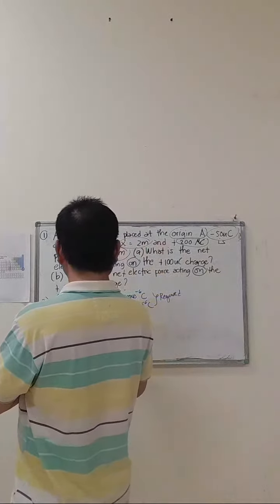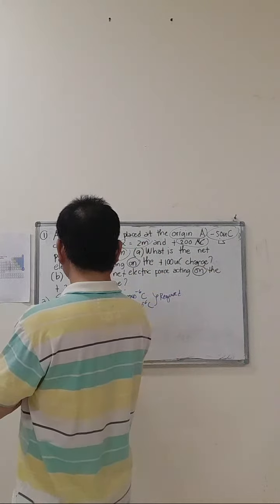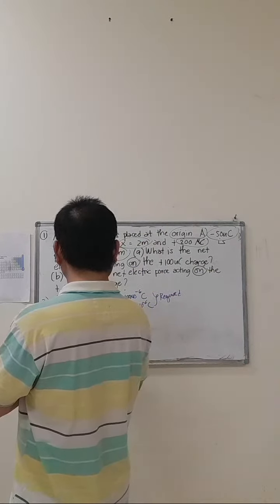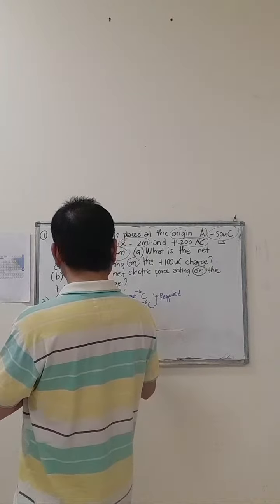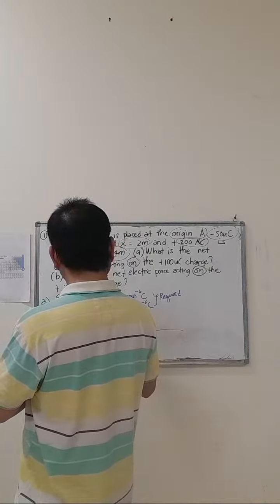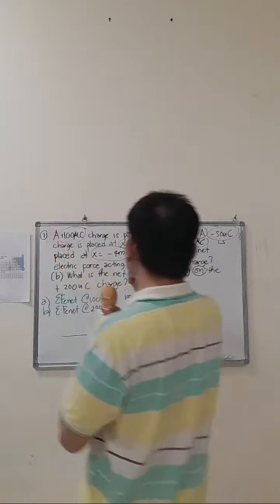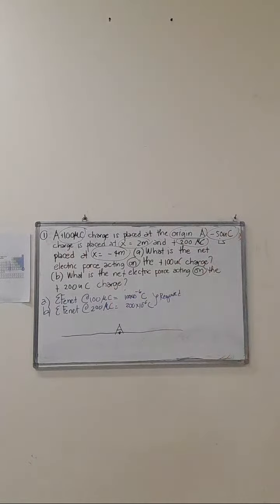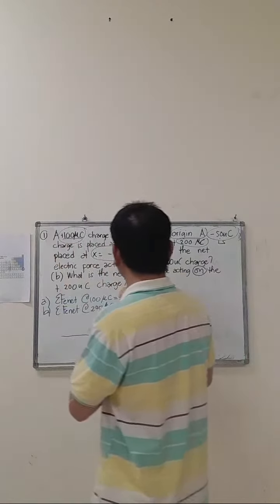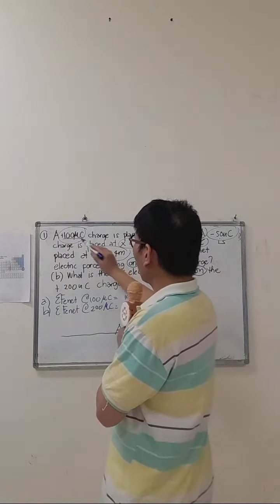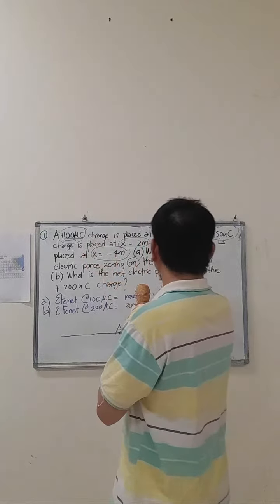Okay, now here is the x-axis. X-axis like that. And you need to point because it's an origin, right? Origin is positive 100 microcoulomb. It's going to be here. This one, see? 100 microcoulomb.